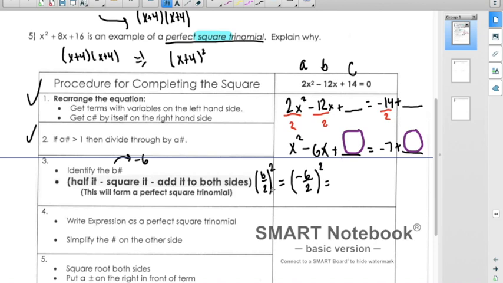Order of operations says do parentheses first, right? So negative 6 divided by 2 is negative 3, still squared. Negative 3 squared comes out to positive 9. So this is the value that's going to go in for the underline here and the underline there.